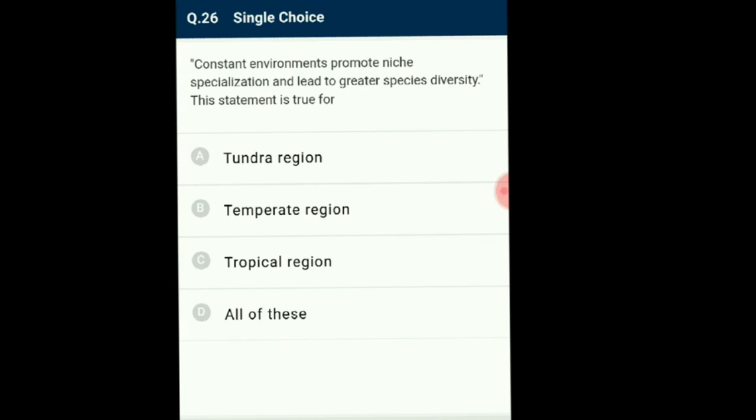Tropical environments are less seasonal, relatively more constant and predictable. Such constant environments promote niche specialization and lead to a greater species diversity. There is more solar energy available in the tropics, which contributes to higher productivity. This in turn might contribute indirectly to greater diversity. So the answer for this question is tropical region, option C.